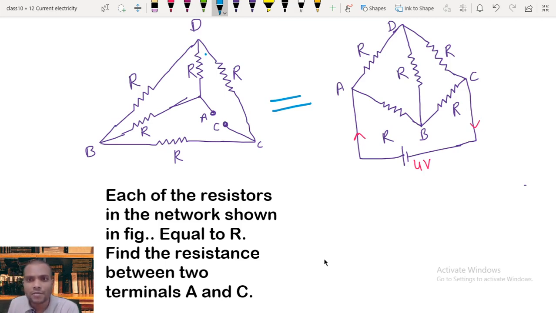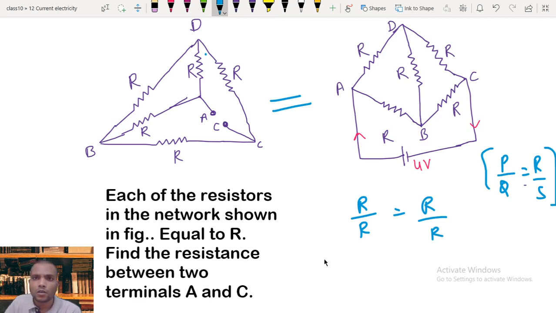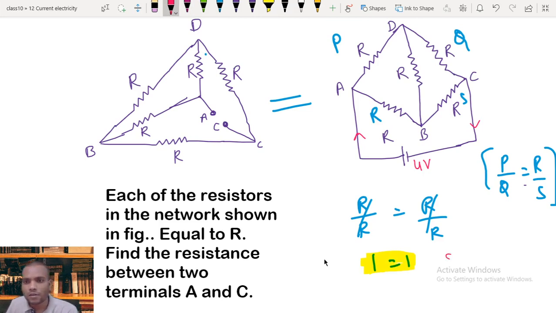Since it has equal resistances, R upon R is equal to R upon R, by using the formula P by Q equal to R upon S. Here you take this as P, this Q, this R and this S. Its ratio is equal to 1, so the bridge is balanced.